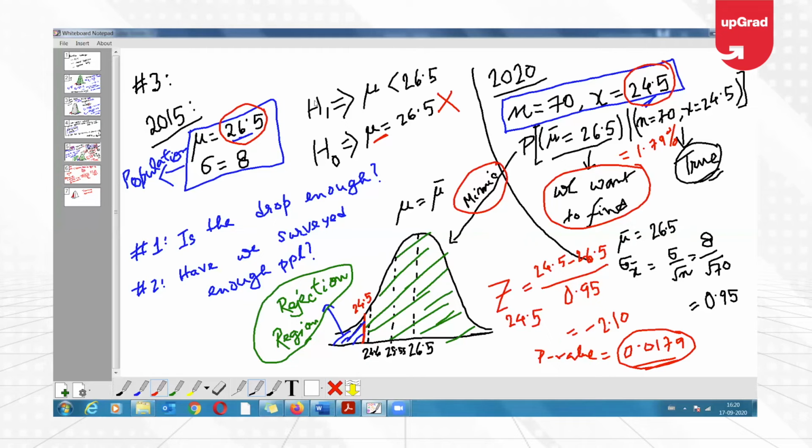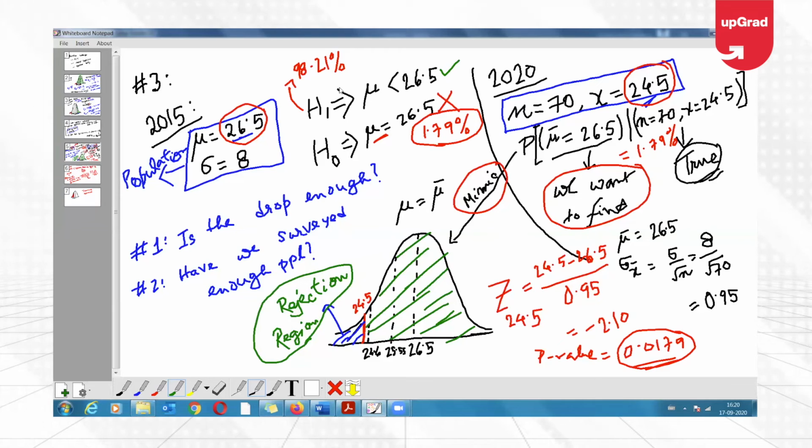So this has only 1.79% chance, which means the alternate hypothesis has a chance of 98.21%, and we accept it.